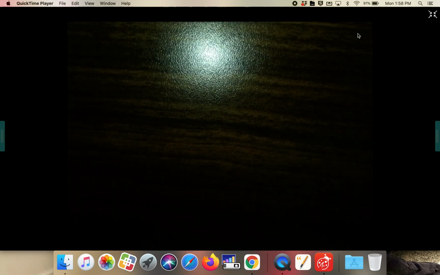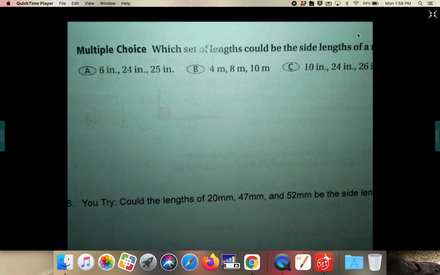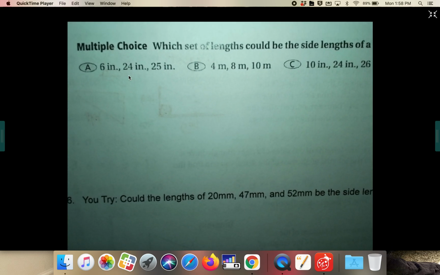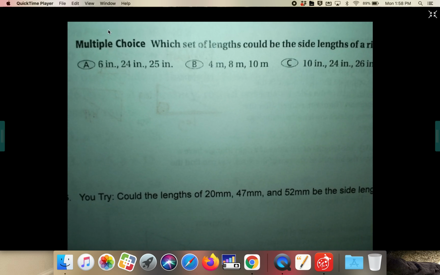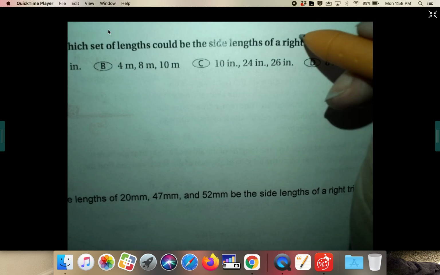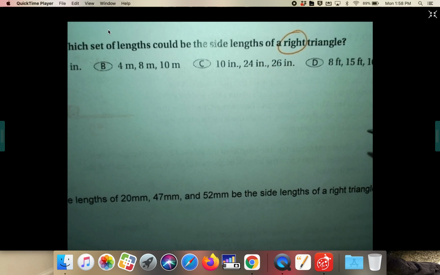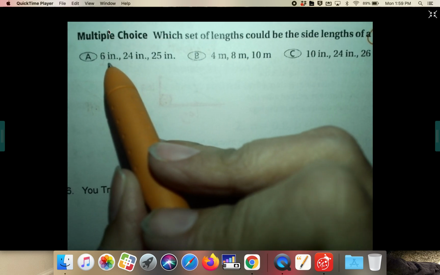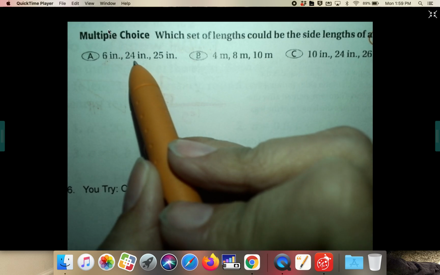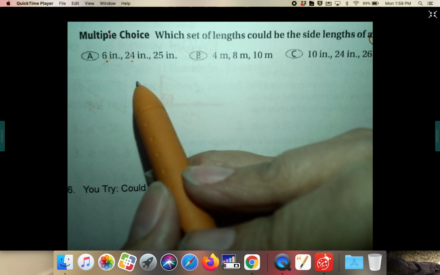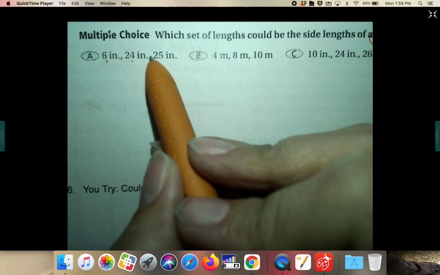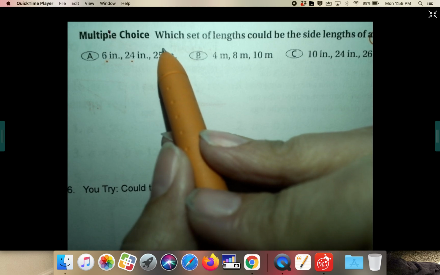Okay, let's look at the next page. So here's the thing. If I give you all 3 lengths of the sides of a triangle, you can determine whether or not it is a right triangle, because if we took the 2 shorter sides, for example in A, the 6 and the 24, and if we squared 6 and we squared 24, it would have to exactly equal whatever 25 squared is.